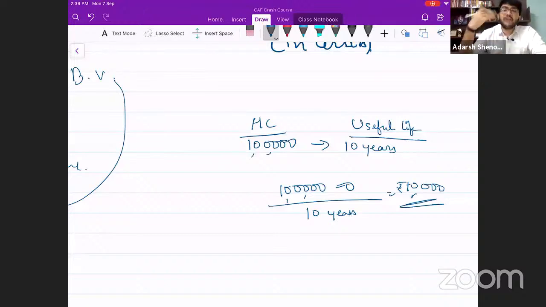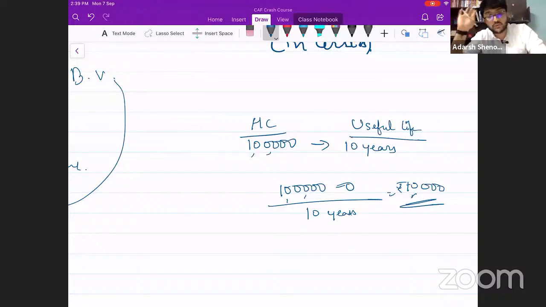Now, after charging depreciation for how many years? 5 years. I revise my estimated useful life. Actually, after 5 years, how many years more are left? 5 more are left, right? But I am saying no, I can use this for another 10 years, let us say.